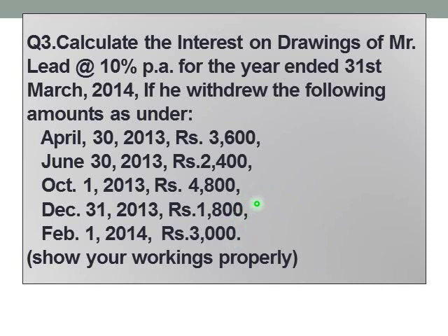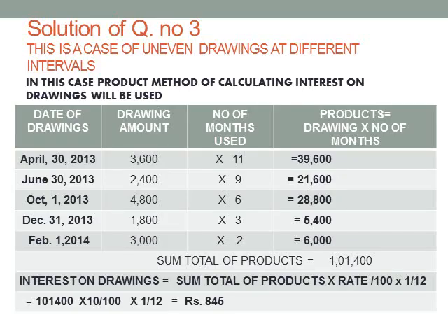So in this case we'll be applying the product method, and that is a shortcut method also to calculate interest on drawing. So this is the product method of calculating interest on drawing whenever drawings are uneven and drawn at different intervals.